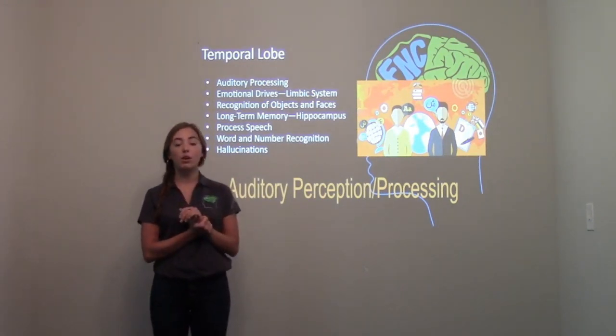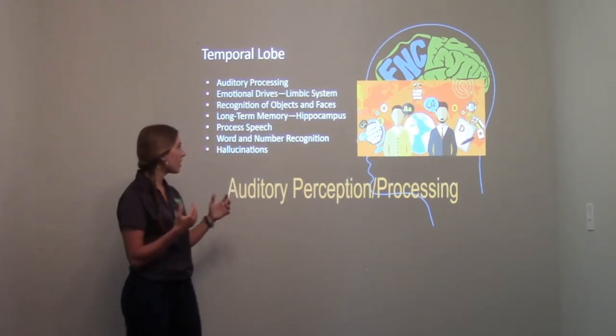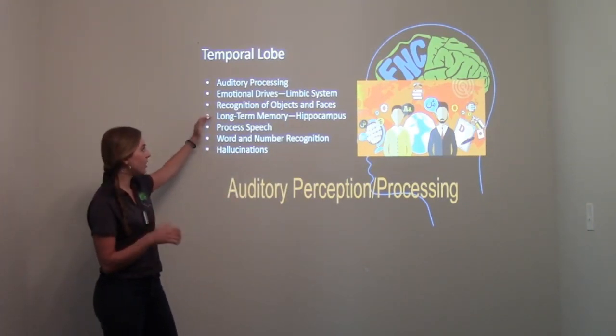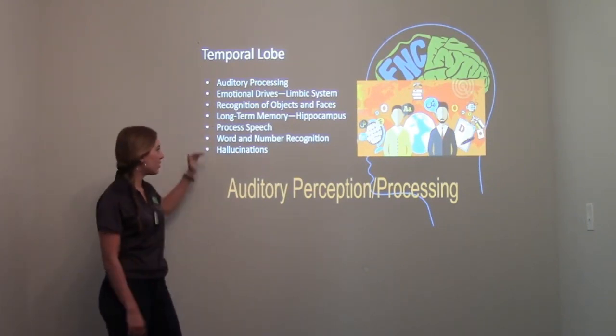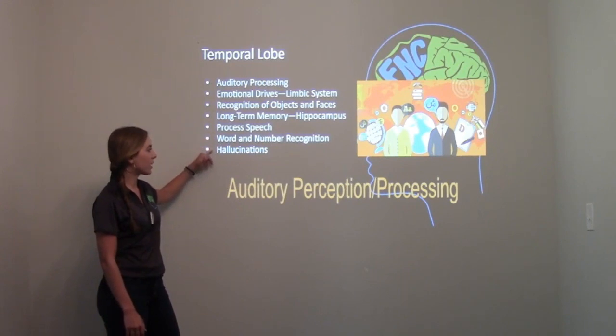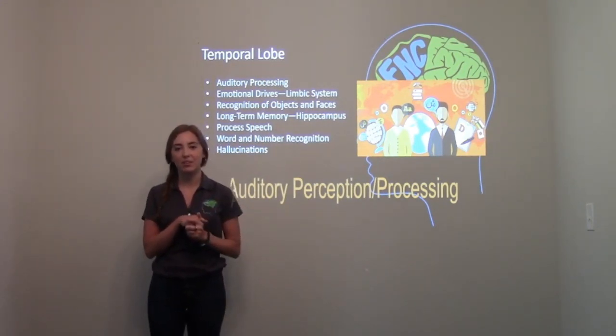It's involved in the recognition of familiar faces and objects, as well as long-term memory and processing speech. We have our Wernicke's area, and word and number recognition, as well as hallucinations are associated with this area of the brain.